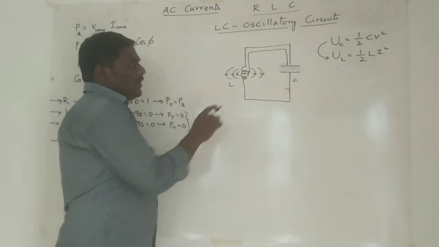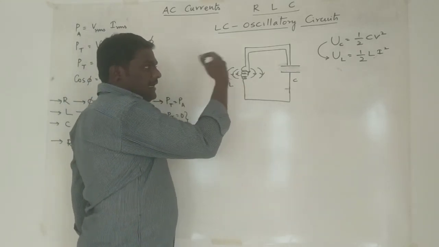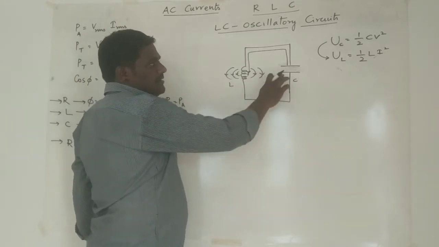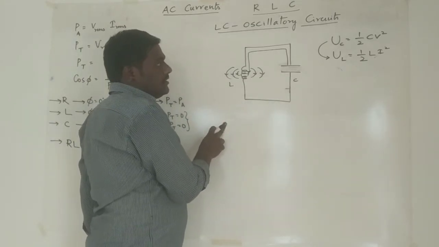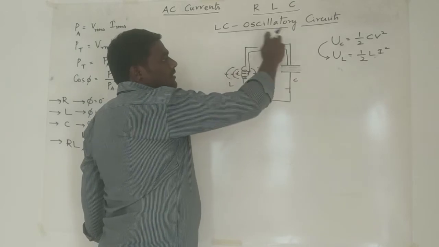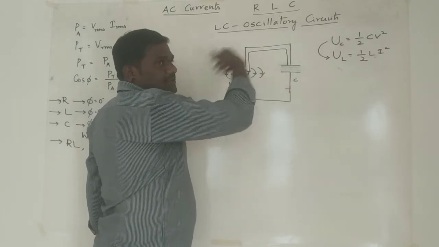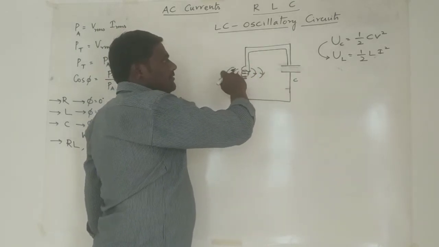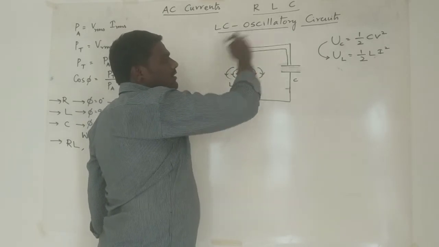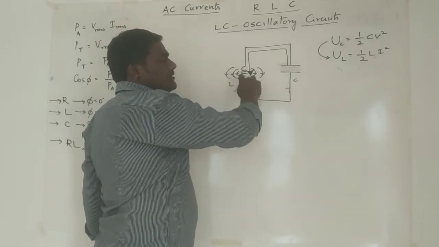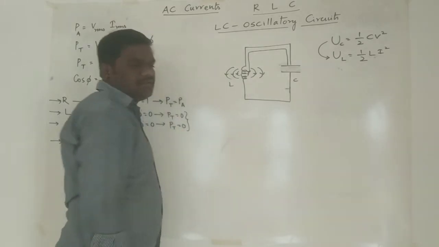Now once the inductor gets completely energized and the capacitor is completely discharged, this energy starts leaking. In the sense, this energy will start moving again and will start charging the capacitor.